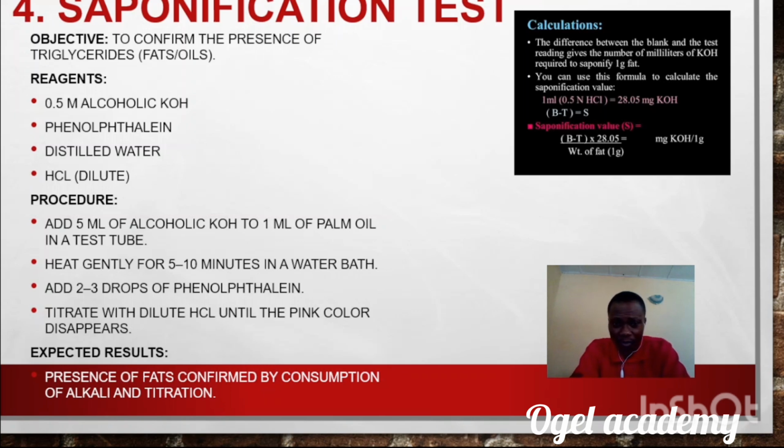This will then be titrated against dilute hydrochloric acid until the pink color that appeared initially disappears. This tells us the rate and grade of the presence of triglycerides. The expected result is that the presence of fat will be confirmed by consumption of alkali in the titration. The figure that we achieve at the end will give us that indicator.